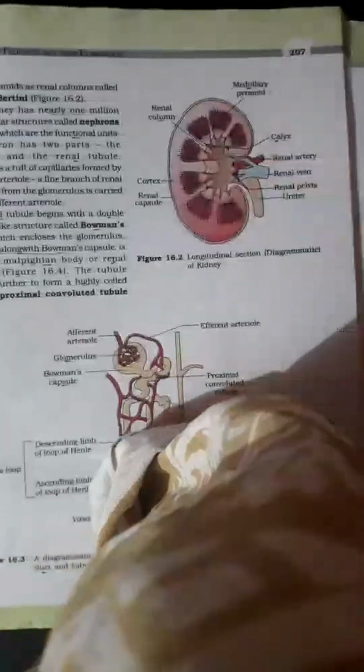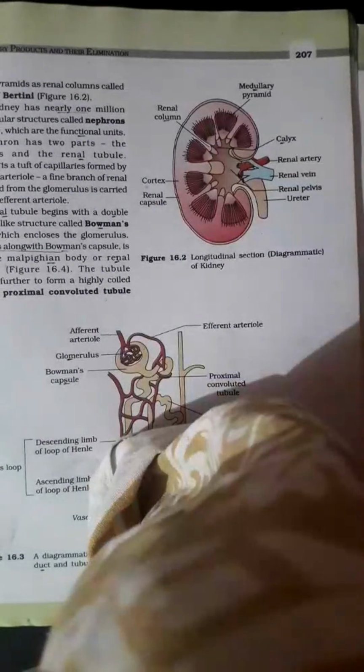As you see in the diagram, we have just discussed the columns of Bertini. Longitudinal section, diagrammatic, of the kidney. In the kidney, the outer part is the cortex, the inner part is the medulla. The medulla is divided into a few conical masses. These are the medullary pyramids.